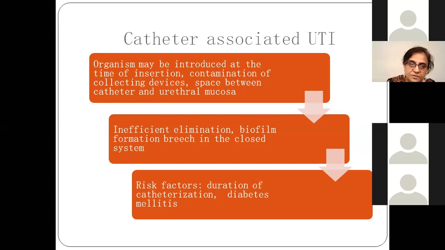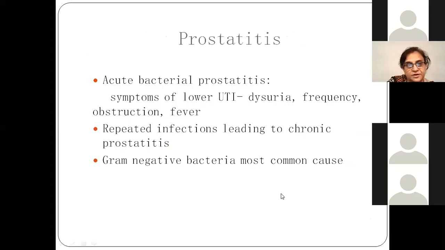Even after treatment, the antibiotics cannot reach those biofilms, so there is persistence of organisms within the urinary tract, and they can cause infection there. Then the duration of catheterization is also important, and if there are certain other diseases along with catheterization, they also predispose the person to infection.